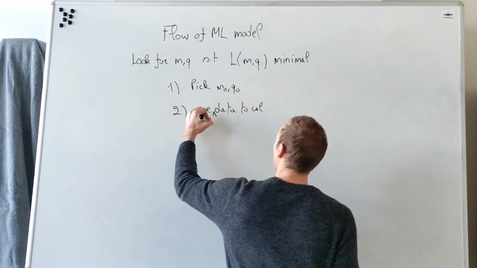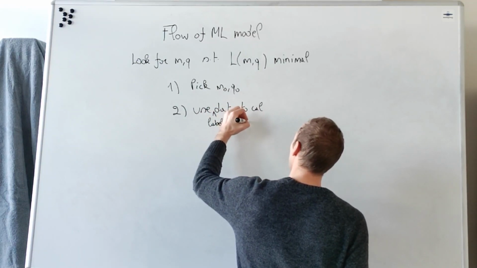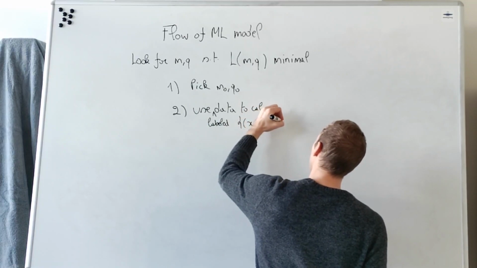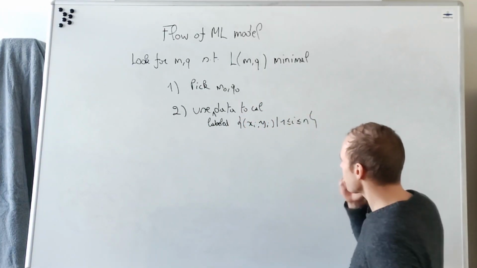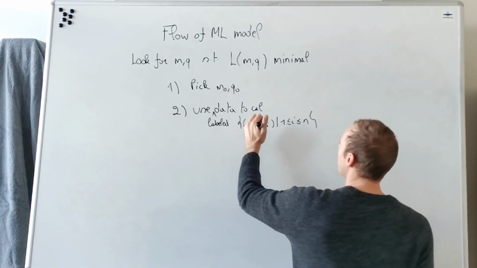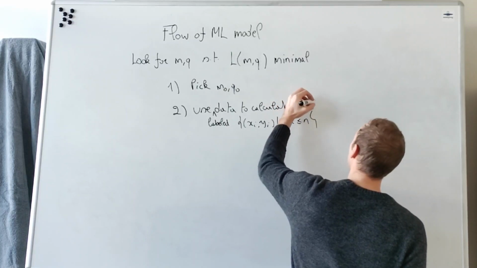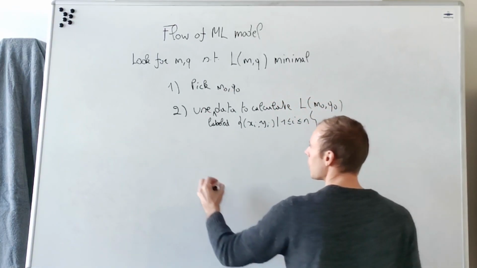And actually I should say labeled data. Remember in our example, these were really x, y_i tuples, let's say for a certain amount. Use data to calculate this loss of m0 and q0.